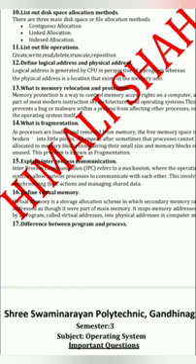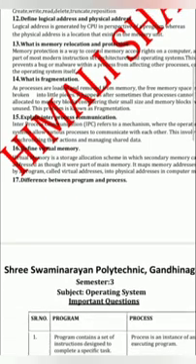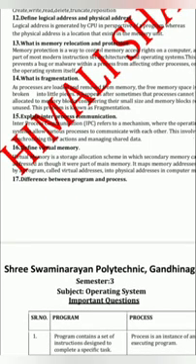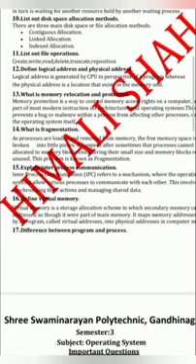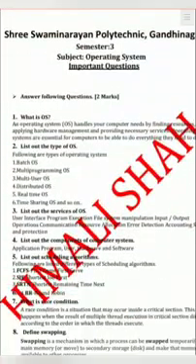Next question, define virtual memory. Seventeenth, the difference between program and process. So these are the most important 2-mark questions that are repeatedly asked in GTU. So mind well and learn these questions for the GTU exam.